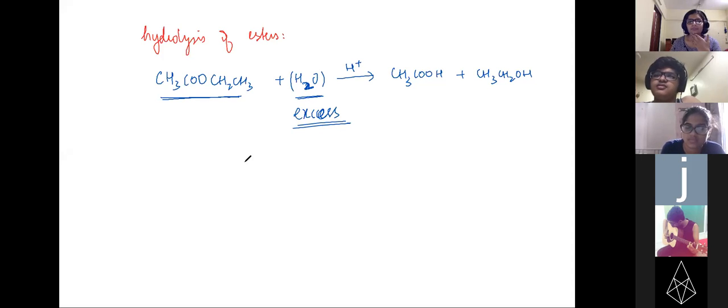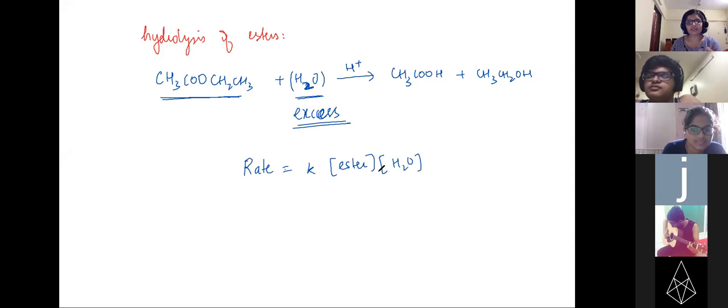So basically, originally it's a second order reaction, which means that rate depends on k into the concentration of ester as well as the concentration of water. But when the concentration of water is really large, the change in concentration of water is almost negligible. So this is basically equal to minus d[ester]/dt, which is also equal to minus d[water]/dt.